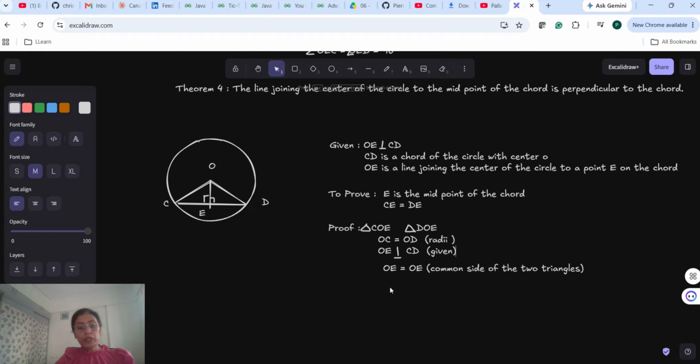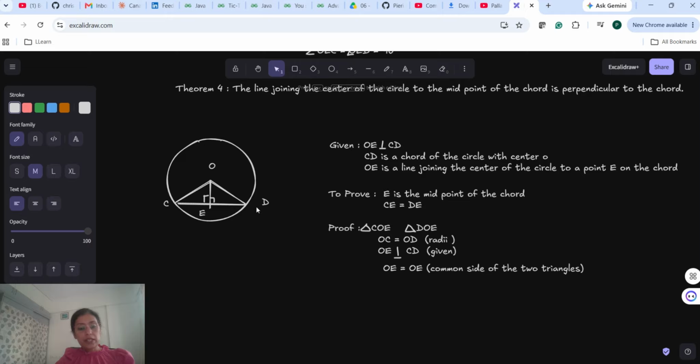So now what do we see here? If OE is perpendicular to CD, what does that mean? This means OEC is 90 degrees. This means OEC is a right angle triangle, or COE is a right angle triangle.